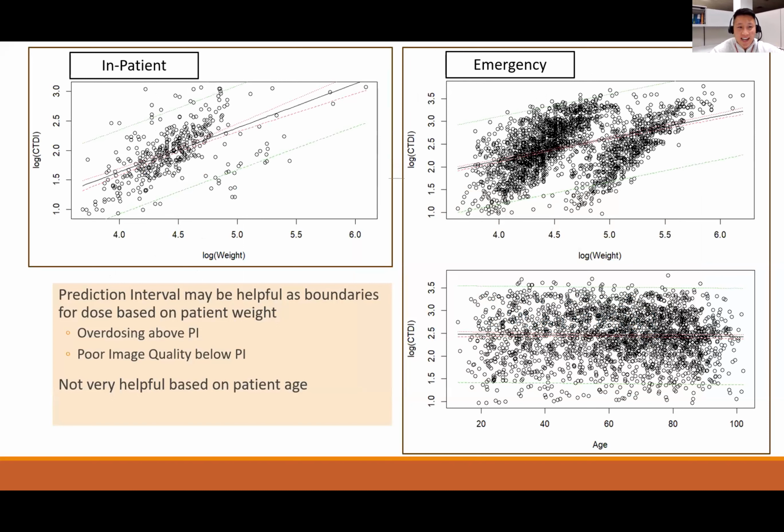And so lastly, I calculated the prediction interval using the significant predictors in patient demographics. On the top left is the inpatient one, which seems pretty okay.